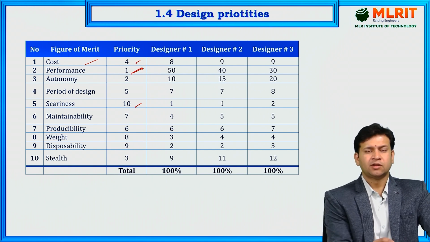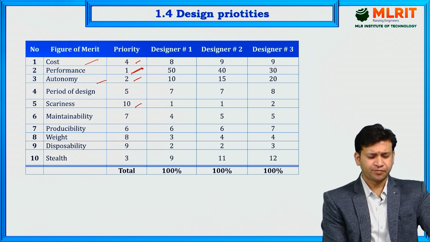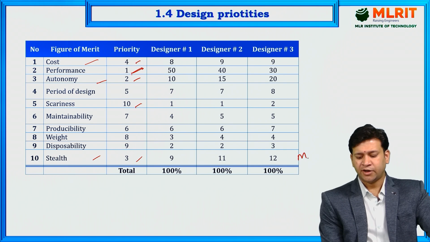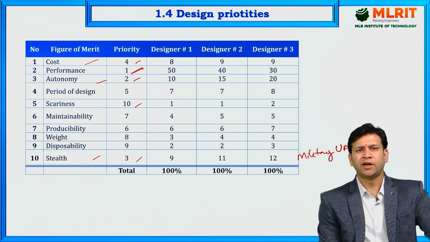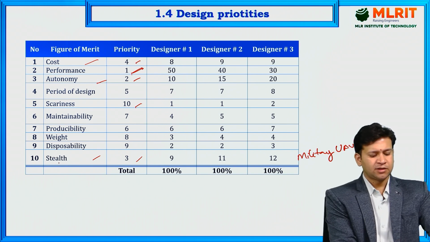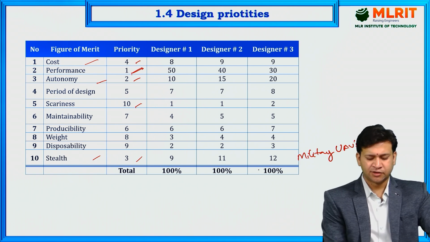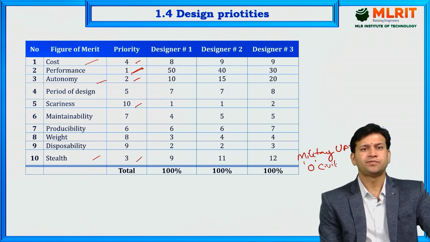Performance is priority number 1, autonomy is priority number 2, stealth is priority number 3. Stealth is priority number 3 only for military UAVs. For civil application UAVs, stealth is not required and not a priority. Here it can be marked as 0 for civil applications.